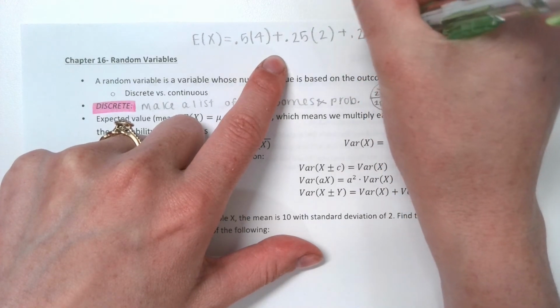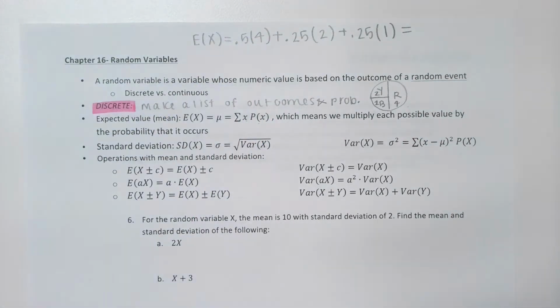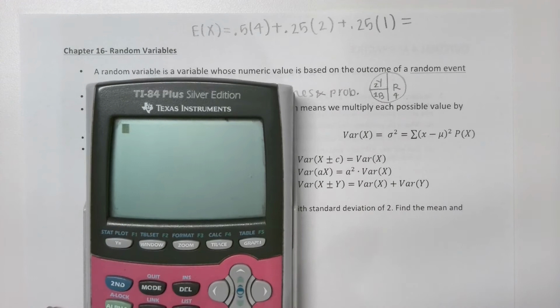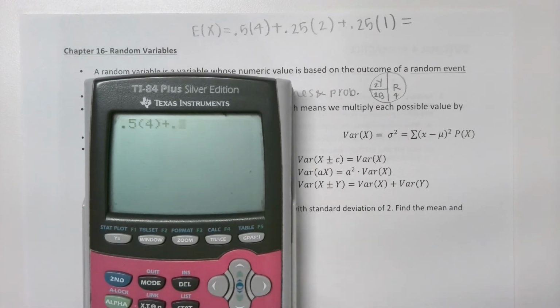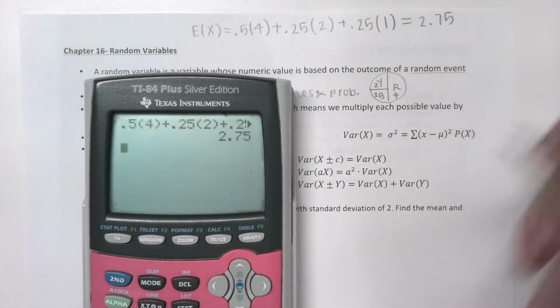Plus for blue, I have 0.25, only winning 1 ticket there. And then I would use my calculator to calculate this expected value. Okay, so my expected value is 2.75.